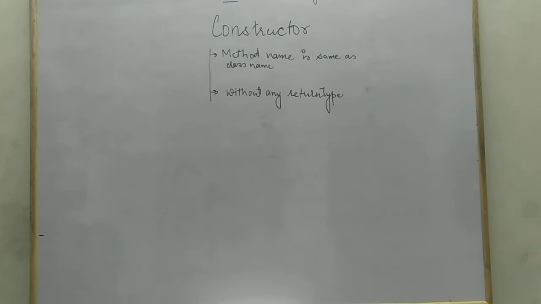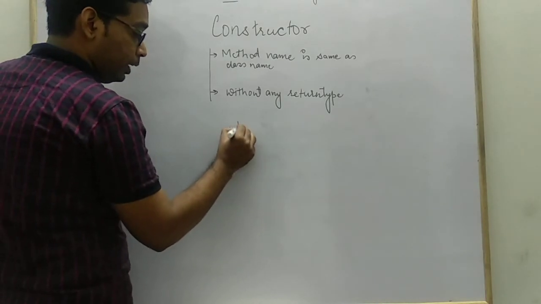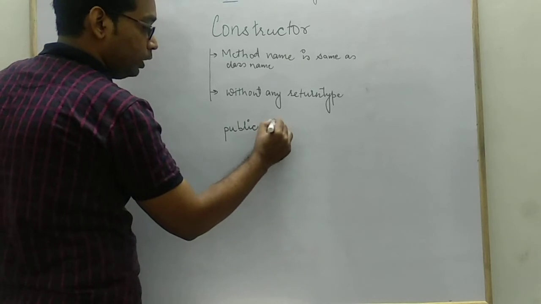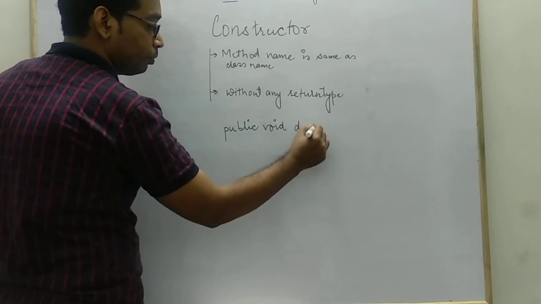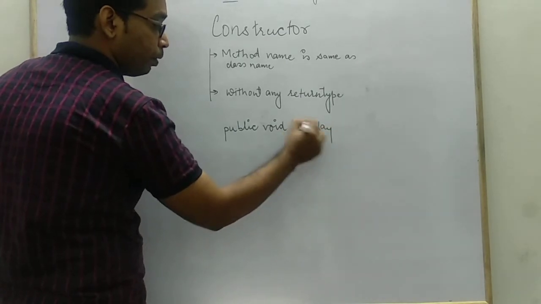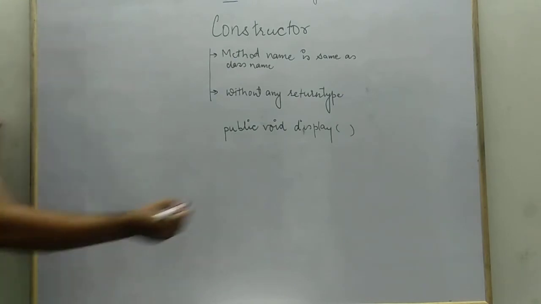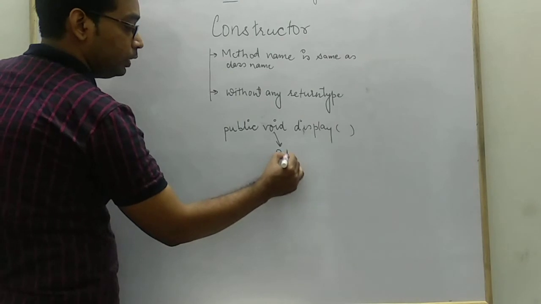If you remember, what is a return type? Return type is the thing which we used to write before the name. For example, if you used to write public void display, here this void is called the return type.